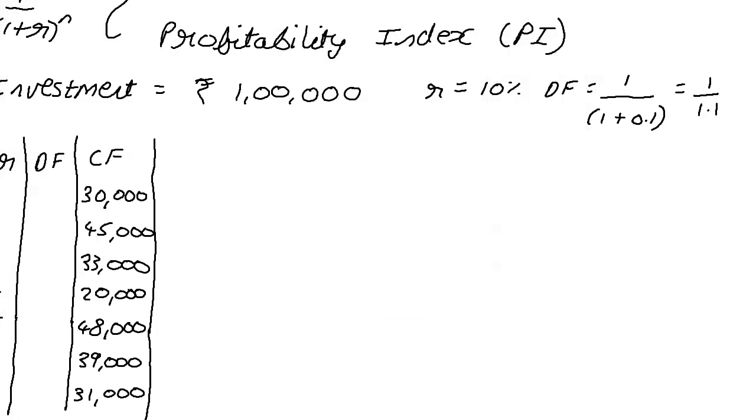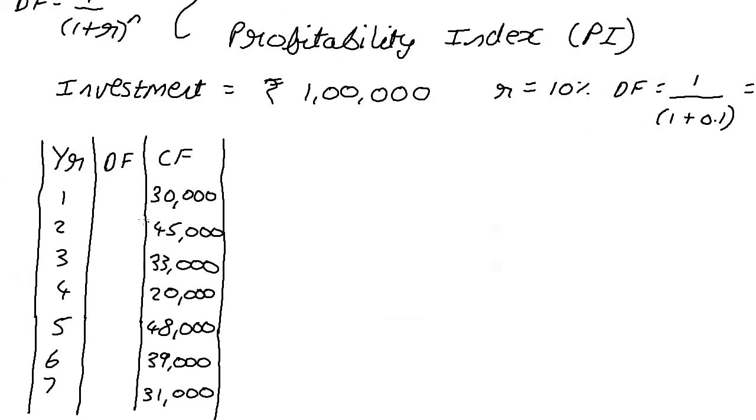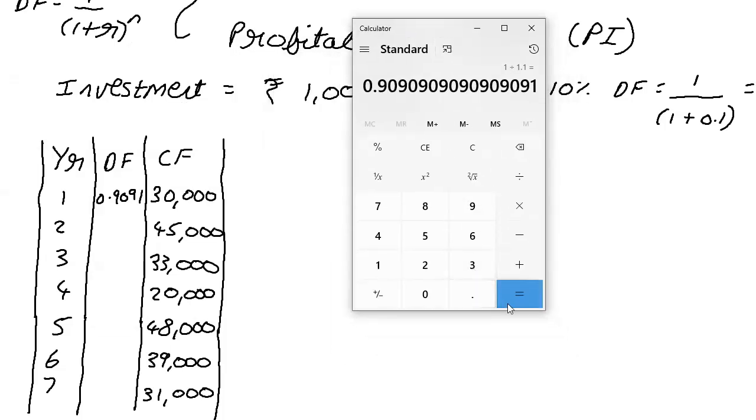We are going to write it up to 4 decimal places, so it's going to be 0.9091. And we can simply keep pressing the equal to button and we get all of them. That's what we're going to be copy pasting here, and then we continue with this video.